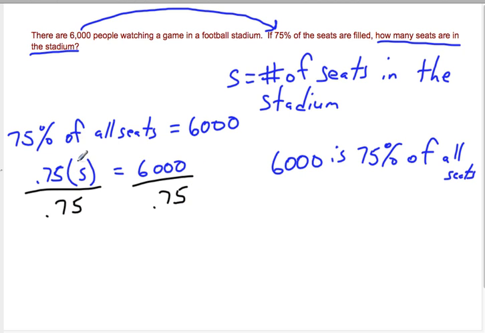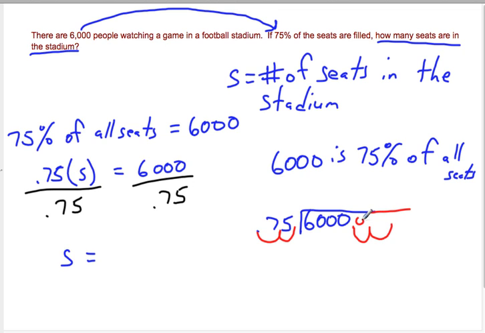So that's going to leave us with S over here, and 6,000 divided by 0.75. Another opportunity for us to fix any long division issues that we're having. Moving over the decimal twice, same underneath. Putting the decimal into the answer.